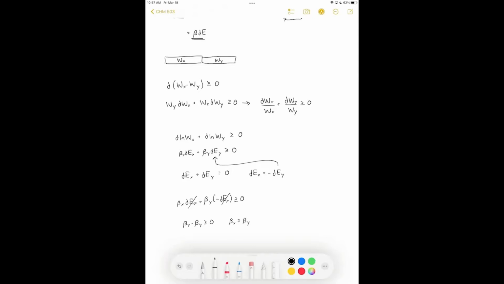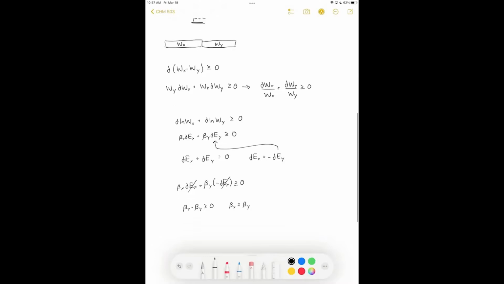What we can do in this case is choose that dEx is positive. Now, this is arbitrary, but we could have done the same thing with the other direction as well. So dEx is positive, which means energy is flowing from y into x. What does that say about the temperature of y and x?